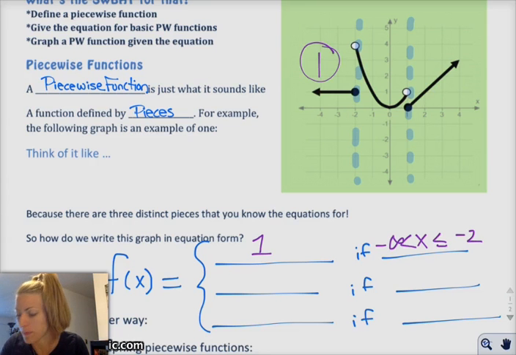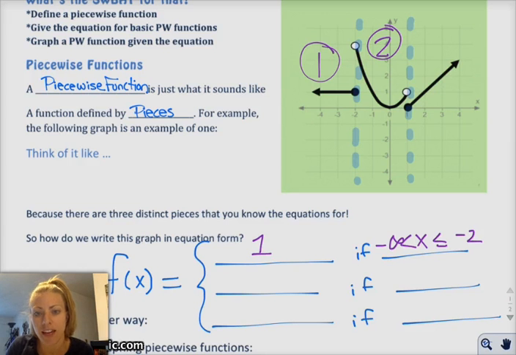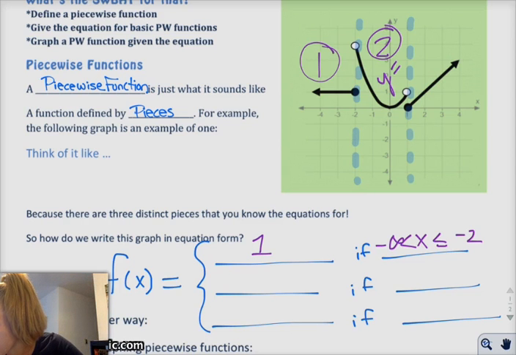Okay, next we have to define the next piece. So this was piece 1. Piece 2 is this little parabola looking thing, and this is in fact an exact parabola, y equals x squared. So this will either be given to you or you'll have to figure it out. But in this case, you can see (0, 0) is a point, (1, 1) is a point, (-1, 1), and then (-2, 4) is a point.